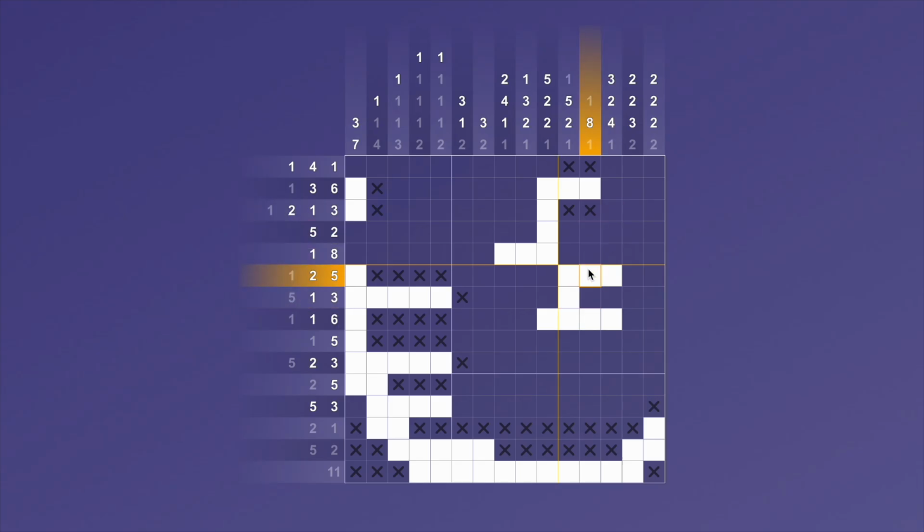This is part of an 8. If it started up here, it'd be 1, 2, 3, 4, 5, 6, 7, 8. If it started down here, it'd be 1, 2, 3, 4, 5, 6, 7, 8.